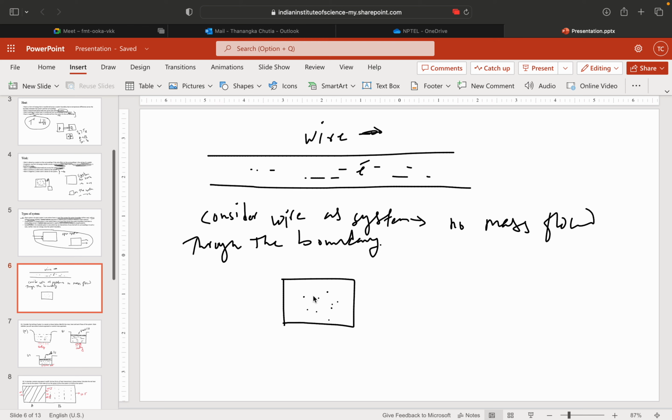For example, I am heating this from inside, or by whatever phenomenon heat is going out. I am taking the symbol Q for heat and W for work. Whatever the phenomenon, heat transfer is taking place or it is going out, then energy transfer is taking place across the boundary, and as a result this can be termed a closed system.